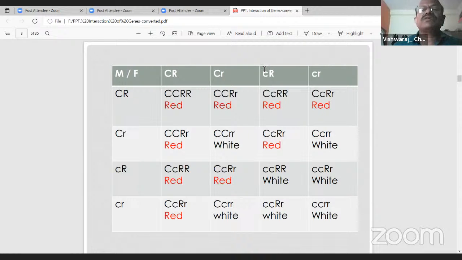This capital C, small c, capital R, small r is red color. This capital C, small c, and capital R, small r is also red color.